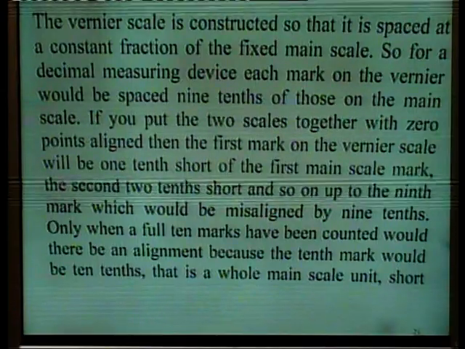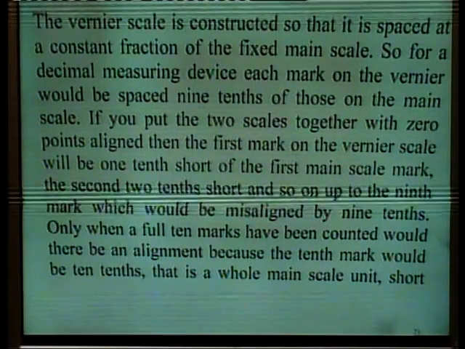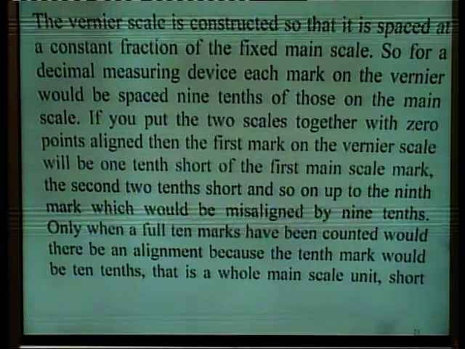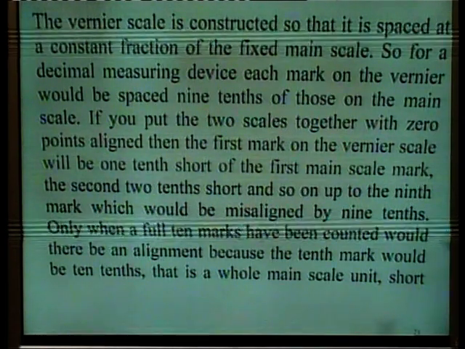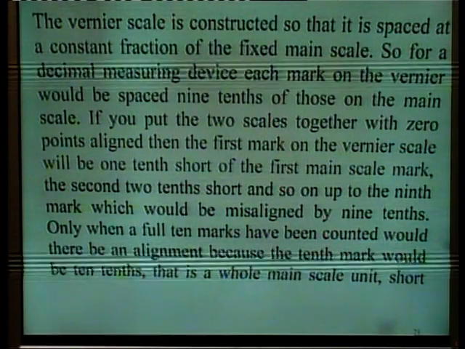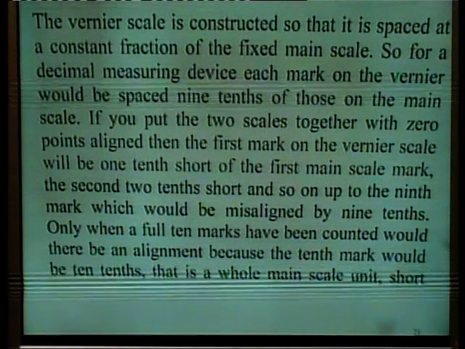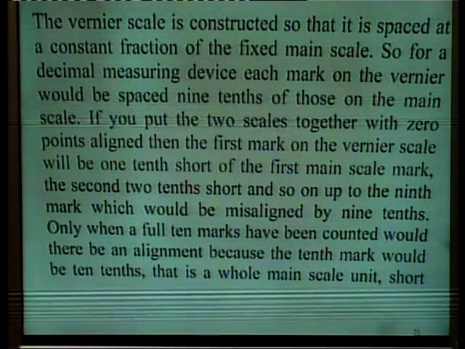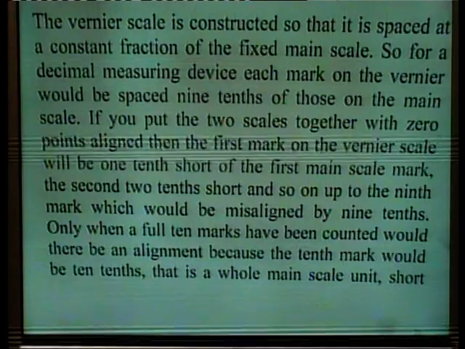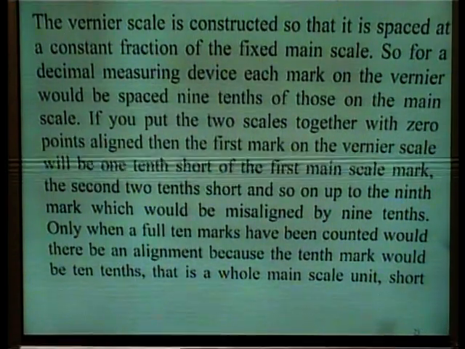If you put the two scales together with zero points aligned, then the first mark on the Vernier scale will be 1/10 short of the first main mark. The second will be 2/10 short, and so on up to the ninth mark, which would be misaligned by 9/10.